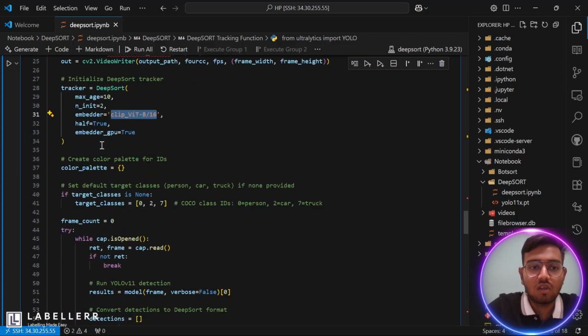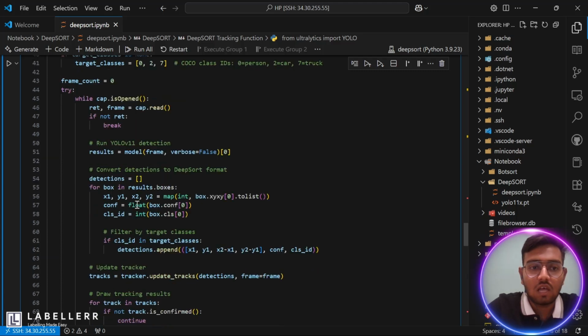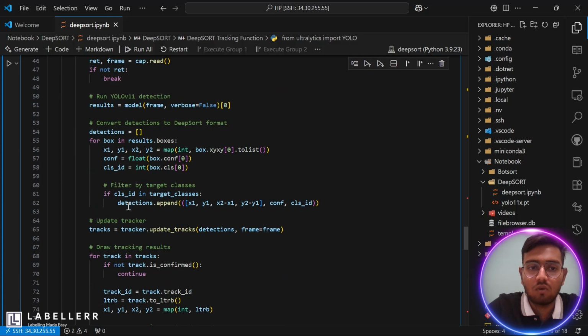Now, as you can see, we are taking frame by frame and providing the frames to our model. Then for each detection, I am appending that value to a detection list. And then this is the main code for deep sort.